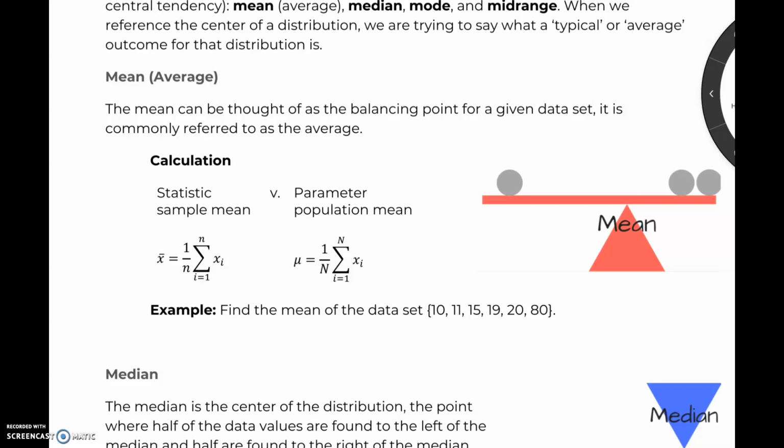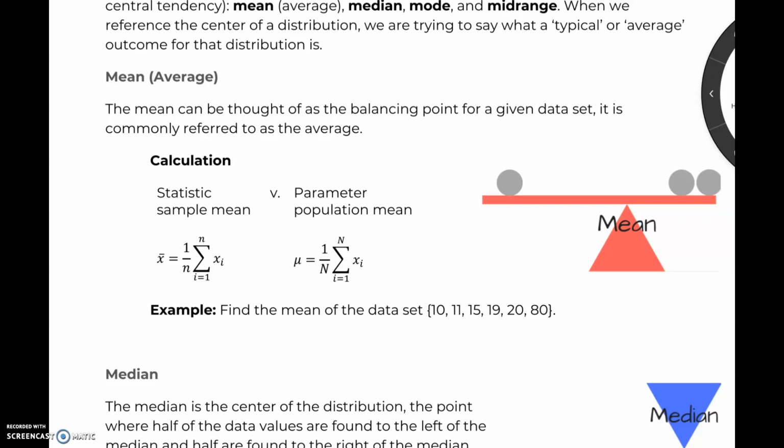We have this summation notation, which just means add up all the values from the first to the last and then divide by the number of values you have. You've calculated this many times. You may not have seen the summation notation, but again, it just means add up all the values you have from the lowest to the highest and then divide by the number of values you have.